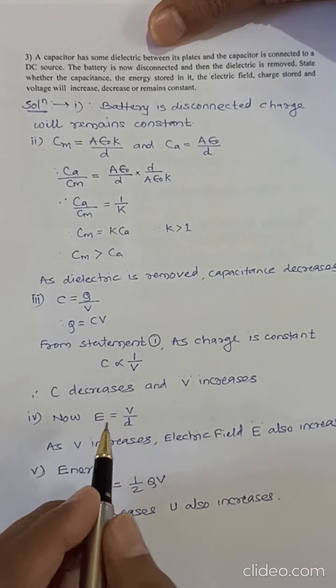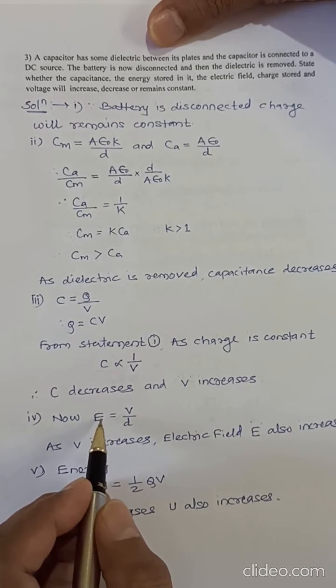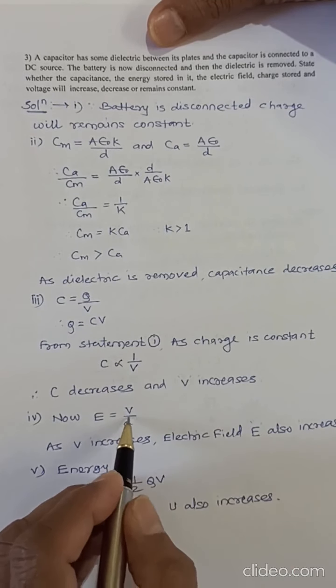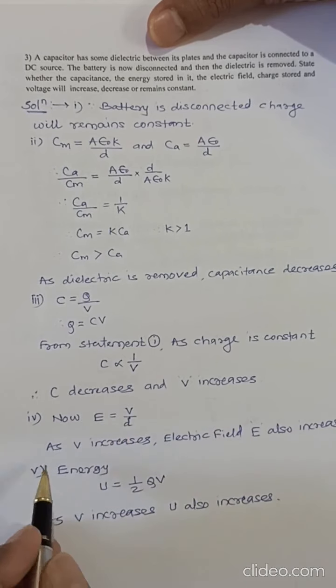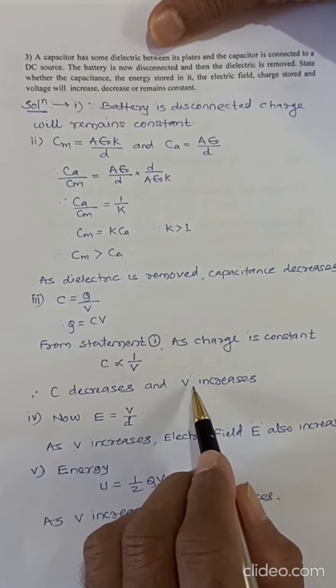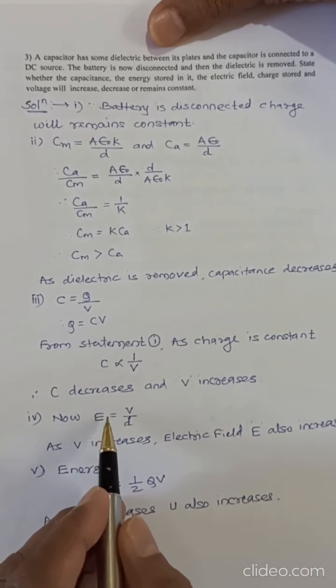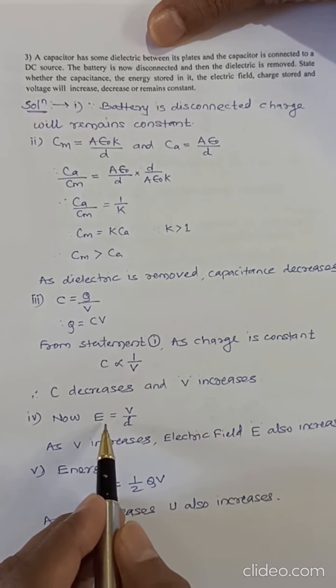Fourth point, electric field intensity E is equal to V upon D, where V is the potential and D is the distance between the two plates. Here, as V increases, electric field intensity also increases.